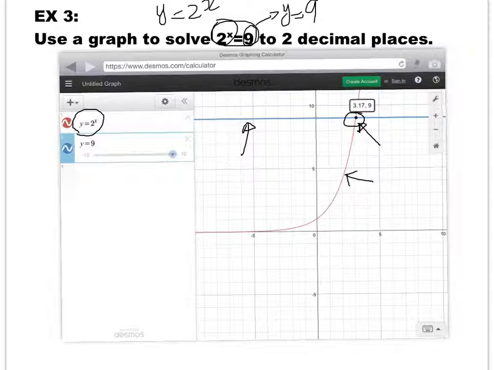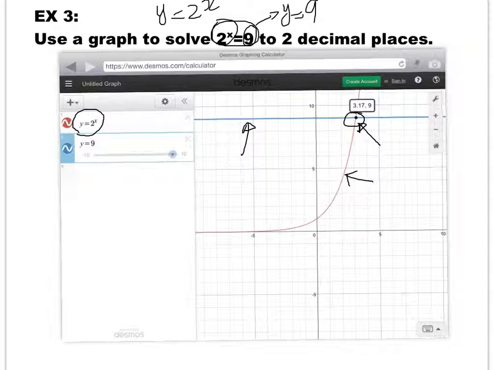And if you plug in 3.17 and find 2 exponent 3.17, you will get 9.00046 and some digits after that, which is close enough to 9. So this is the second method.